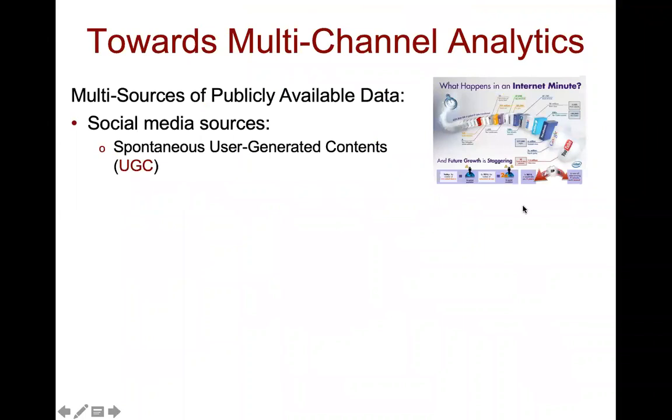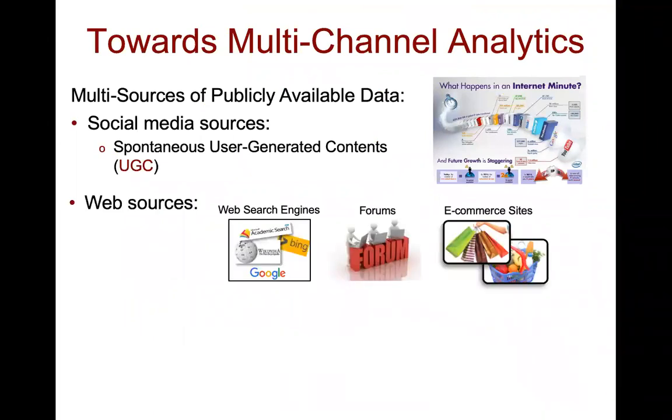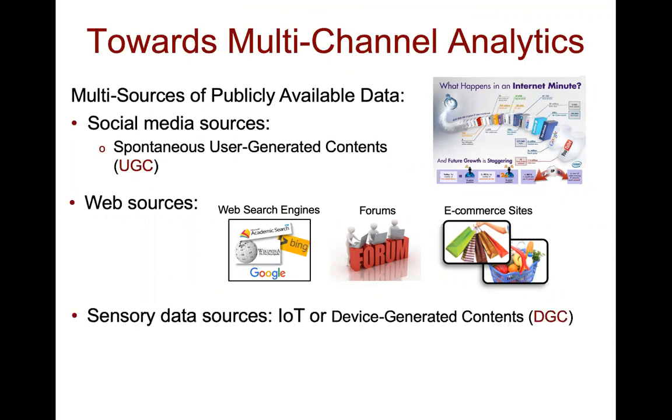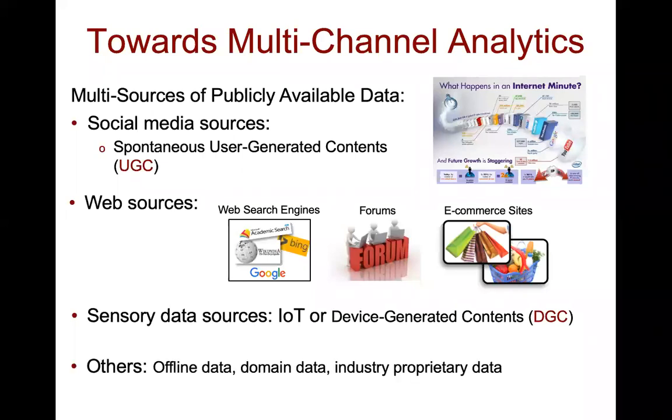So of course it's about multi-channel analytics, because you have to analyze data from social networks, which is user-generated content. You have to analyze data from web sources, which is data from search engines, forums, and e-commerce sites. And you also get a lot of device-generated content from the Internet of Things, such as robot vacuum cleaners, smart fridges, bands, etc.